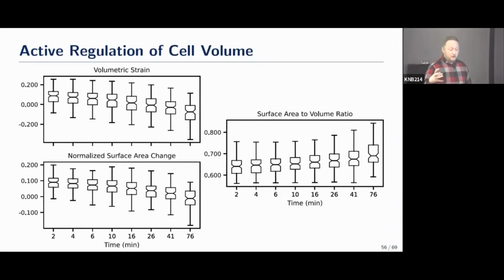If you have a large surface area to volume ratio, you have more surface to exchange nutrients and waste across. So maybe in this harsh condition, the cell might actively try to increase the surface area to volume ratio. But that is another vein, a good idea for someone else to pursue. I'm done.